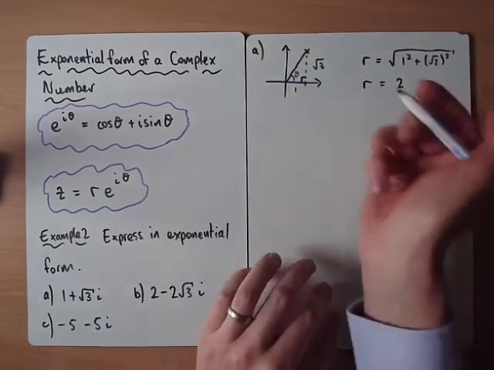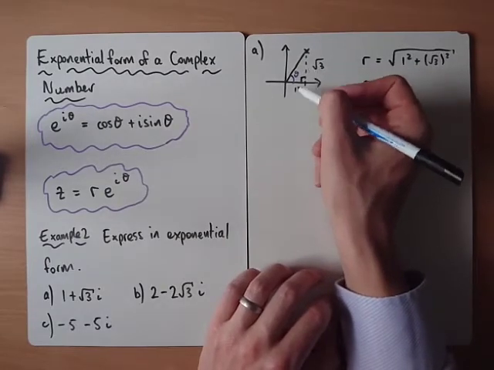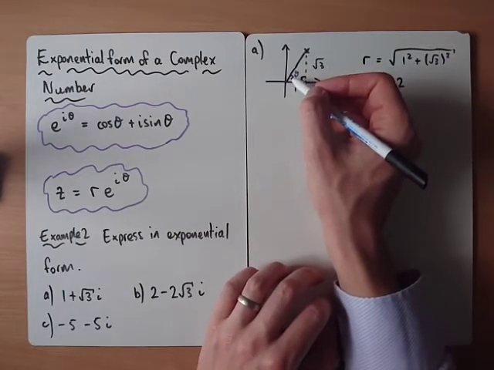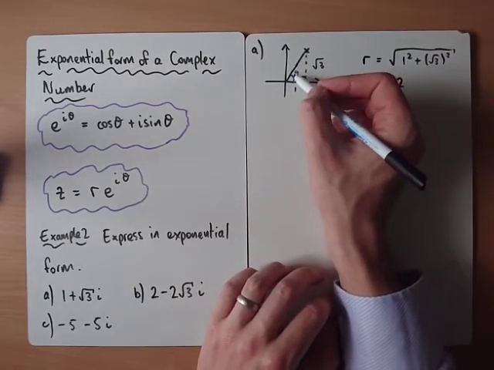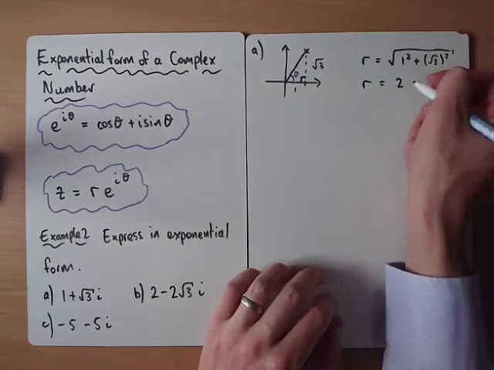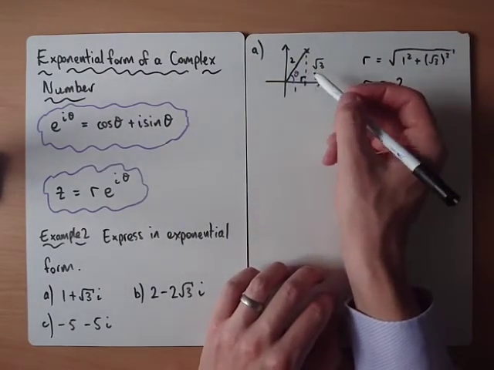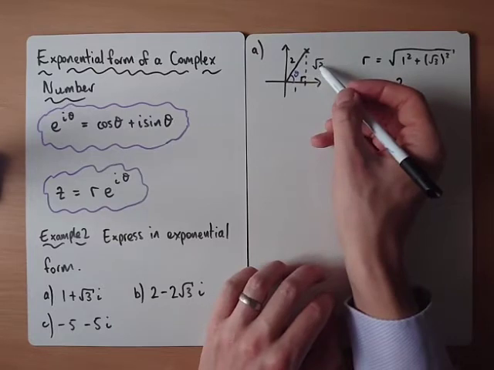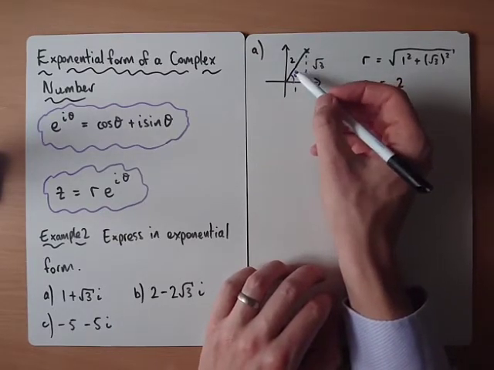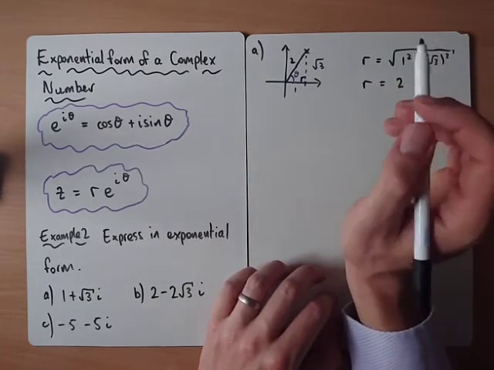And the argument, theta, with a bit of practice, you should spot this, because there's a very common ratio that always comes up. Technically, you should know these ratios already. If you're working with tan, because tan is opposite over adjacent, tan theta equals root 3 over 1. You also know that the hypotenuse is 2. So if you're more familiar with sine, sine is opposite over hypotenuse. So if sine theta is root 3 over 2, we should know that theta is pi over 3, or 60 degrees, but obviously we're working in radians.